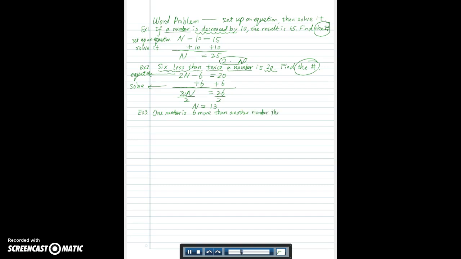The sum of the larger and twice the smaller number is 27. What are the numbers?